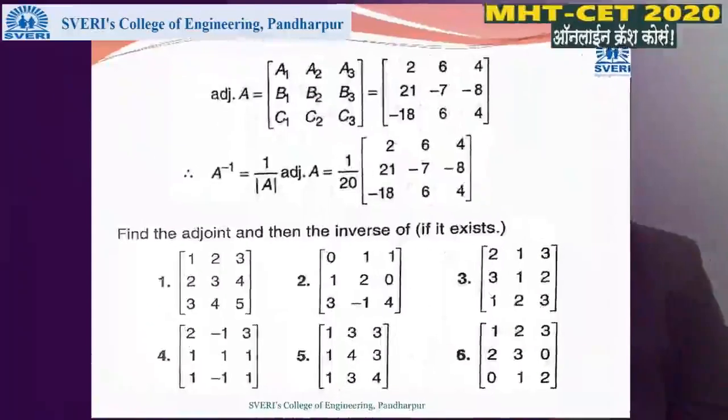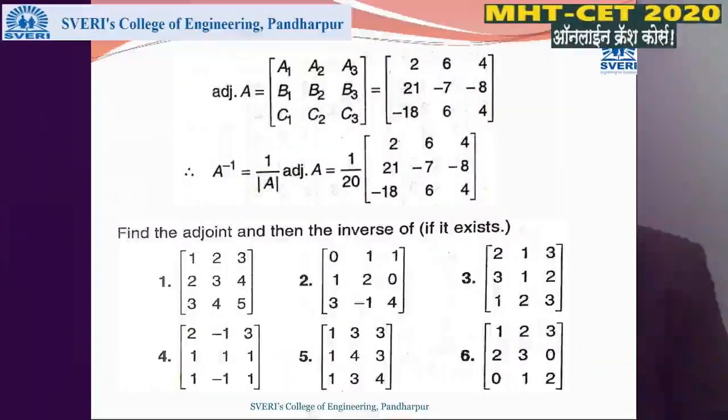So look at this. Here we have A inverse by using the matrices which we have compared. A inverse is equal to 1 upon determinant of A into adjoint of A, which is equal to 1 upon 20 into the transpose of the matrix of cofactors, that will be 2, 6, 4, 21, minus 7, minus 8, minus 18, 6 and 4.